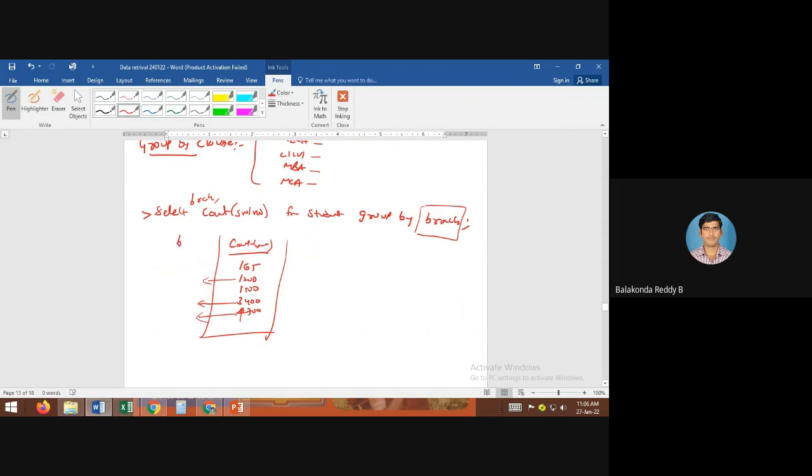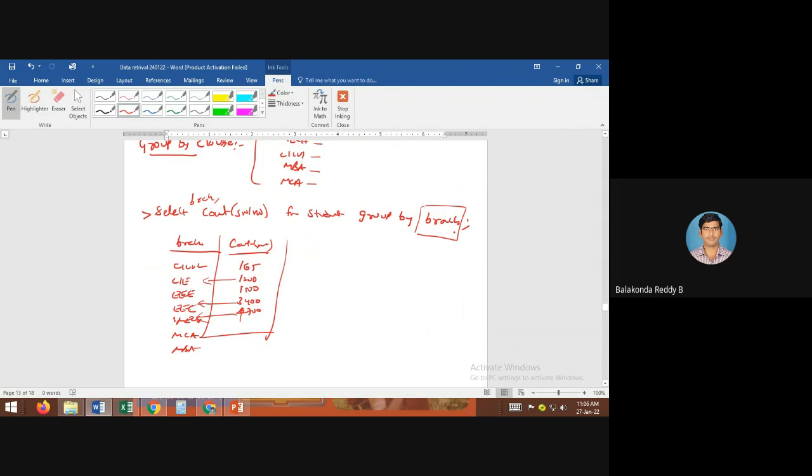So whenever I write like this, first it displays the branch: civil, CSE, ECE, EEE, mechanical, like this. You got that? So this is called group by clause. This means I am grouping the result based on this attribute.